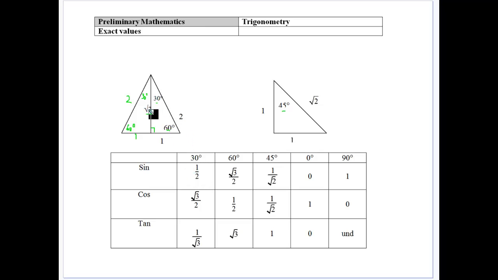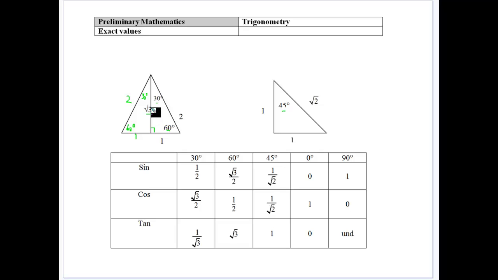Cos of 30 degrees would be root 3 on 2, because it's the adjacent on the hypotenuse, and tan would be the opposite on the adjacent, so 1 on root 3. So that's where we get the exact values from. Opposite, adjacent, and hypotenuse for the 30 degrees.